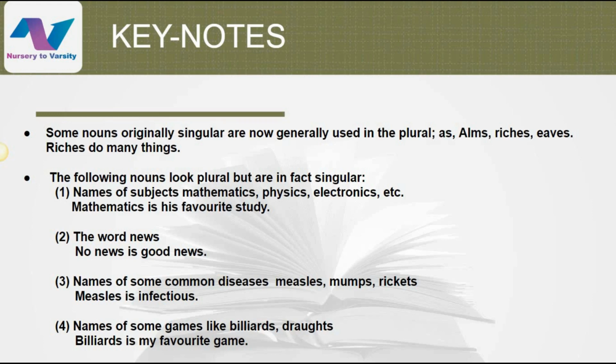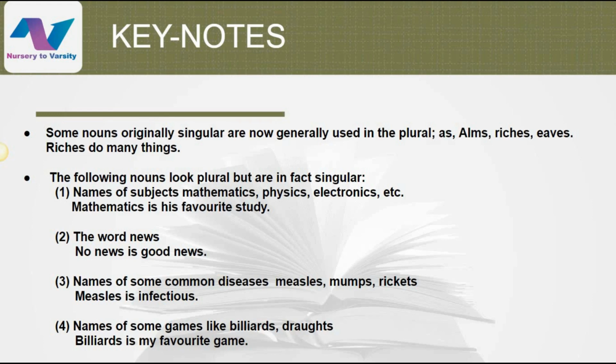Moving on to the next, some nouns look plural but are in fact singular. This is basically a vice versa case. In the earlier case, they were singular but used as plural. Here, they seem plural but they are singular. The first thing, names of subjects. Like when I say mathematics, physics, electronics, these words all seem plural, having s in them or giving a sense of more than one.